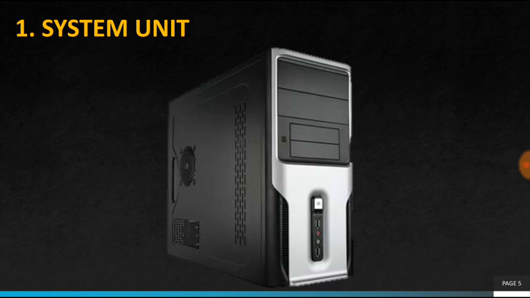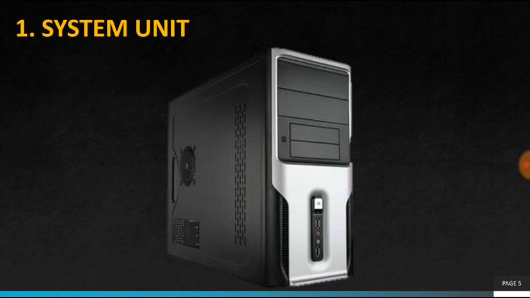Now we have the first one, the system unit. This is what we call the system unit. We have two types of system units. We have the desktop, then we have the tower. So what we have over here is the tower system unit.